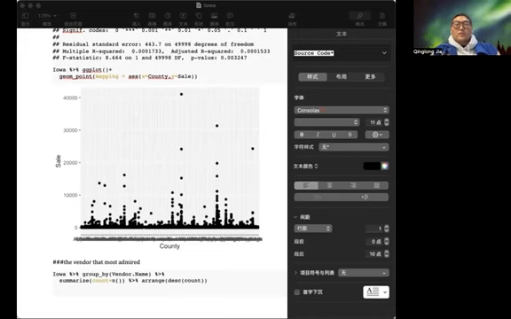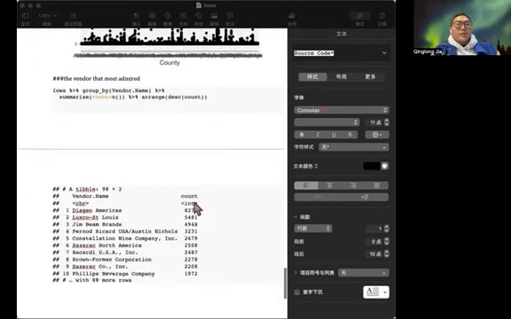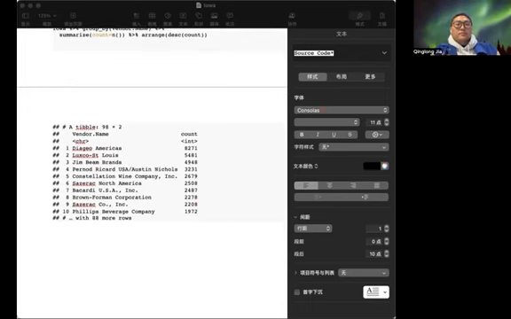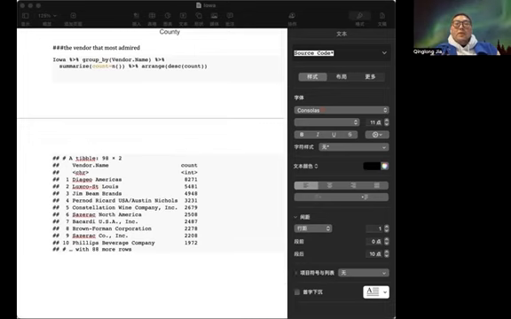The majority of these stores sold remained under 5,000 sales. And the next graph emphasizes the top 10 vendors that are popular.